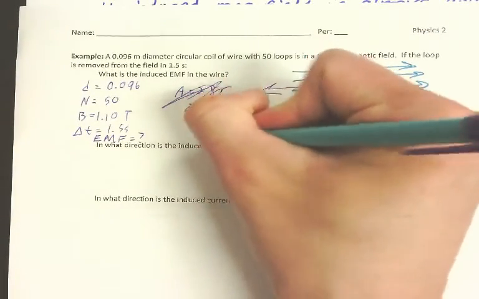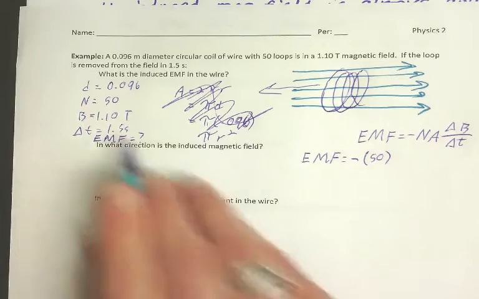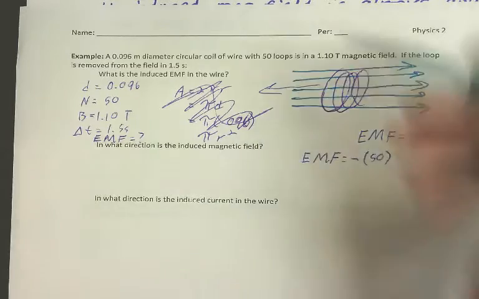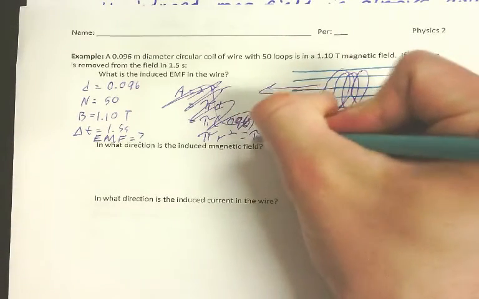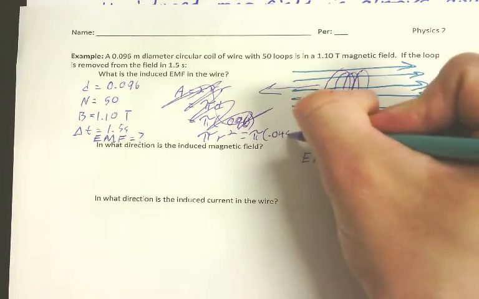Pi r squared. So since we're given diameter, the radius is half of that. So pi times half of the diameter, so 0.048, squared.